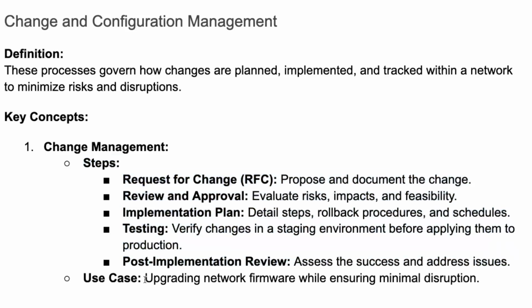So a use case example would be the upgrading of the network firmware while ensuring minimal disruption. Now, firmware thankfully falls under a category of software. So we're not talking about replacing physical infrastructure, which would be insane to think about.